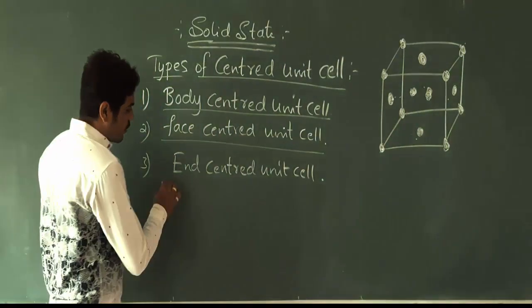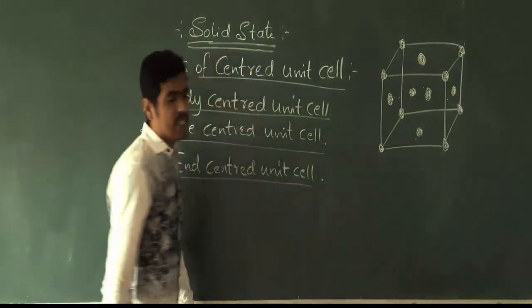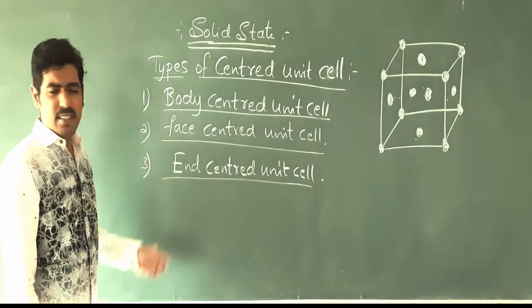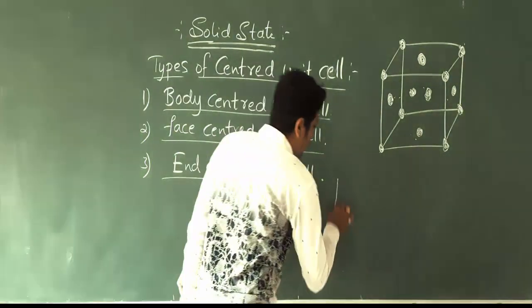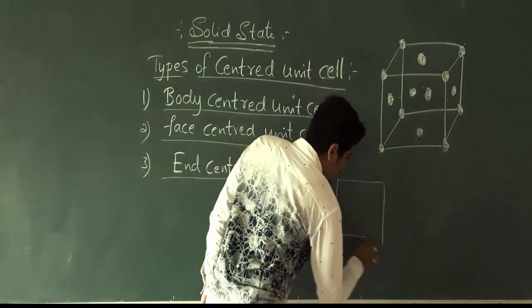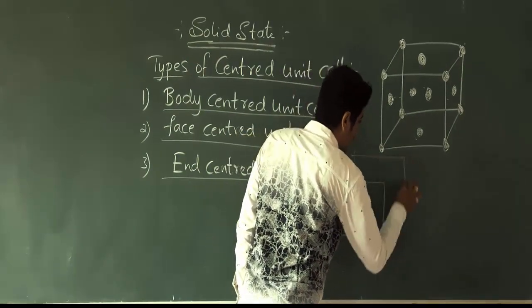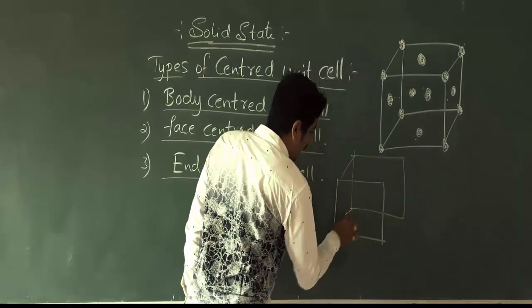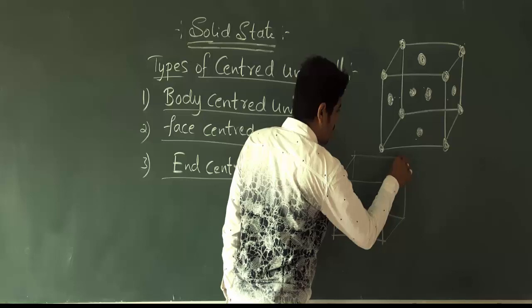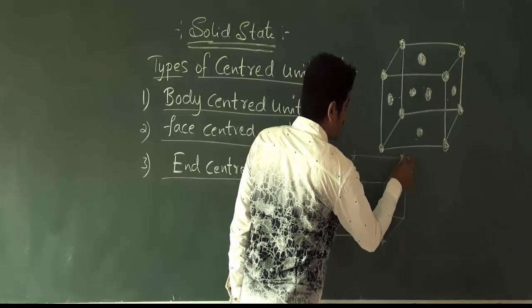Then the third one is the end centered unit cell. Again I will consider a simple cube.